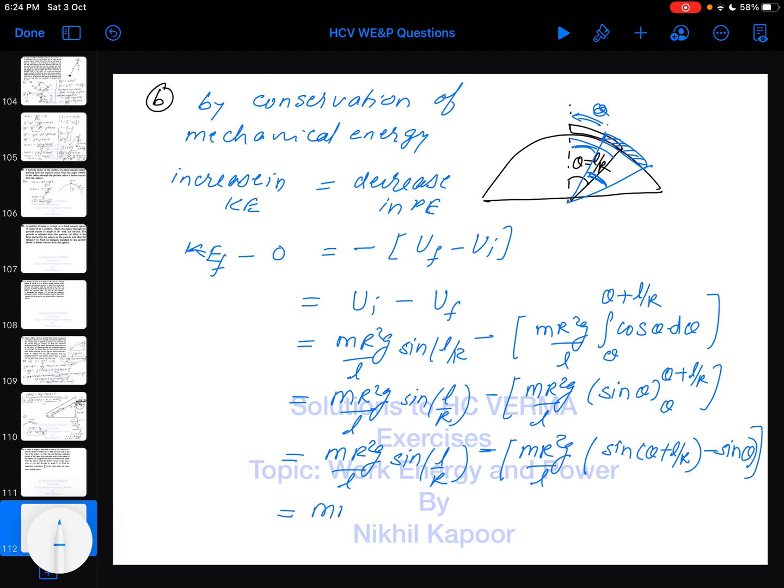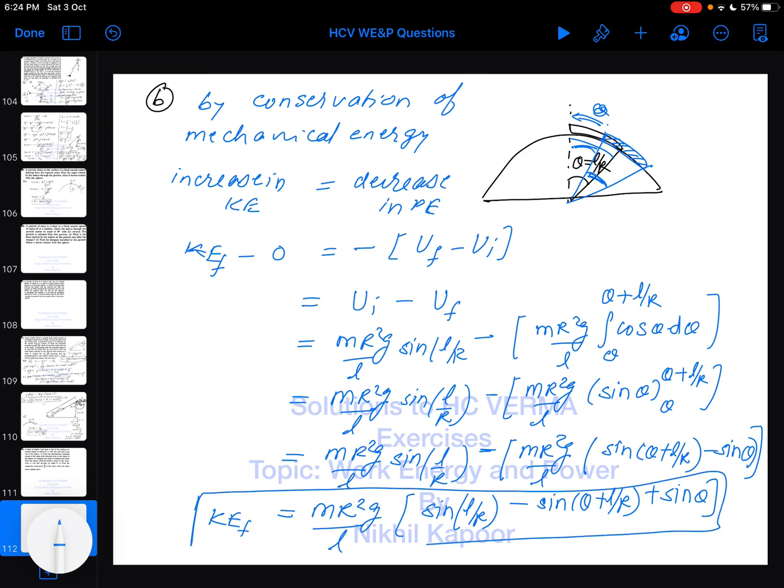Now I can take mr square g upon L as common, so what remains is sine L upon R minus sine theta plus L by R, minus minus plus sine theta. So this is nothing but the kinetic energy achieved by the chain.